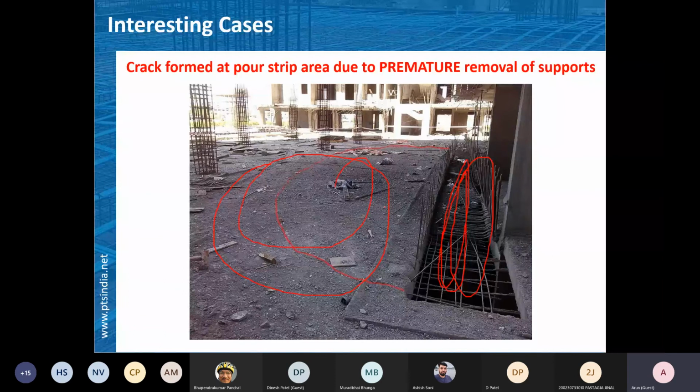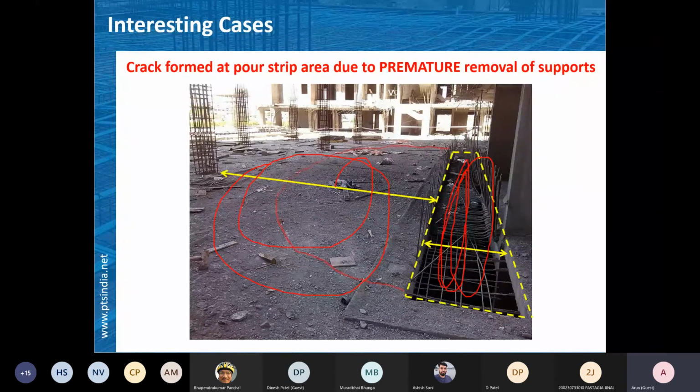There is no continuity between this column and this column. And this is now acting as a cantilever, and it is not being designed for this cantilever action. So there was a crack formation in this direction. So this is a crack formation. There is a crack, and there was a sag in this portion.